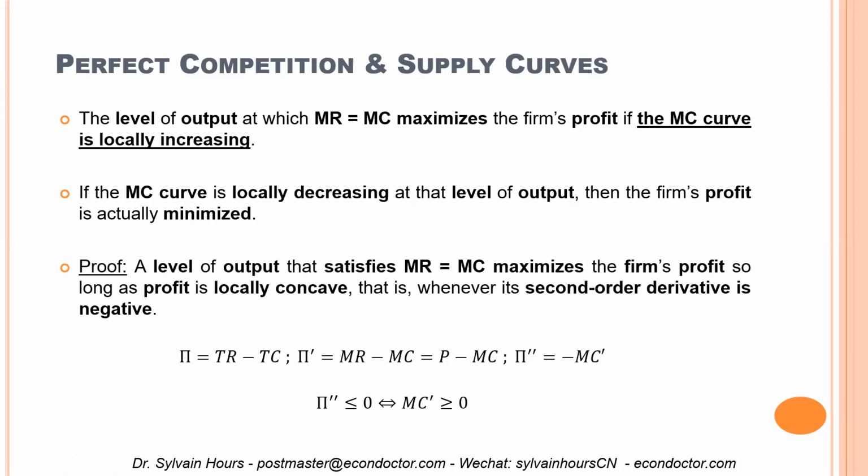You might have the proof, but I don't want to say too much about that because it's a bit advanced. But just keep this in mind. If you want to make sure that you actually maximize your profit, you need to make sure that you are on the increasing section of your marginal cost. If you are on the decreasing section of your marginal cost, then wrong choice, you minimize your profit.